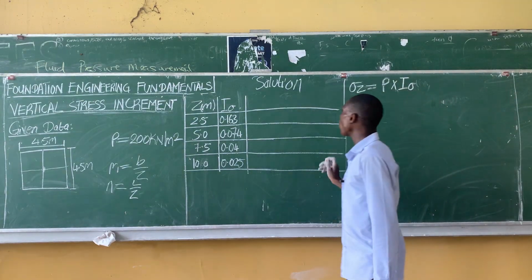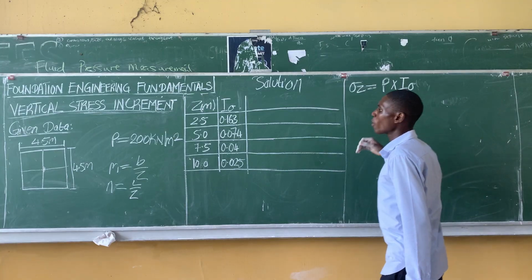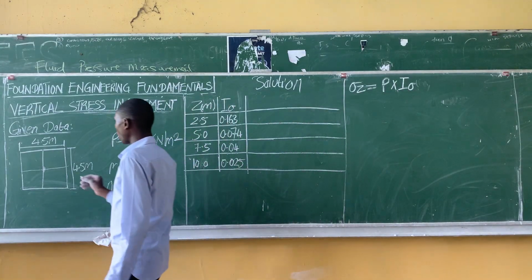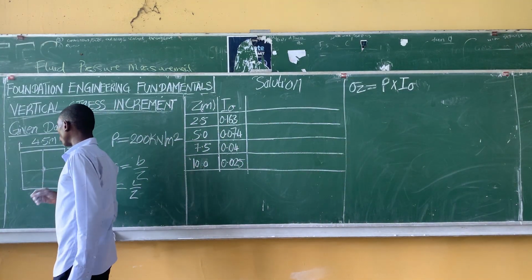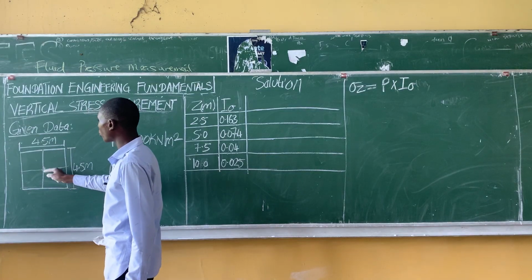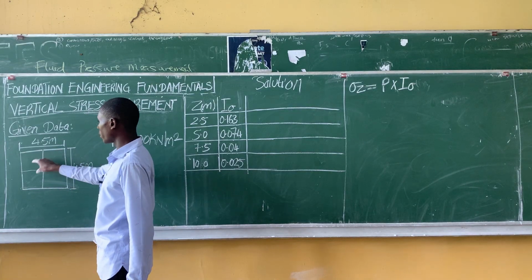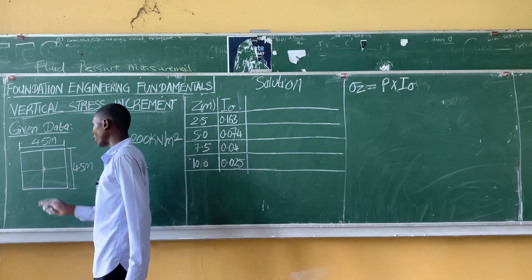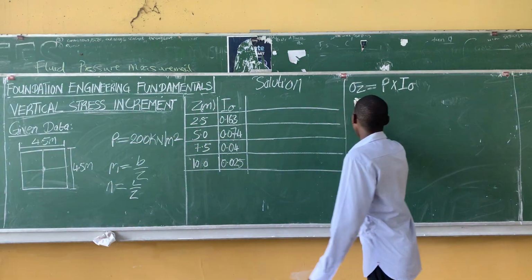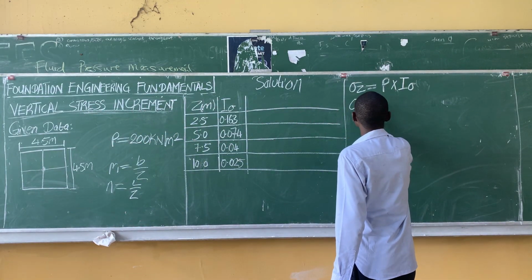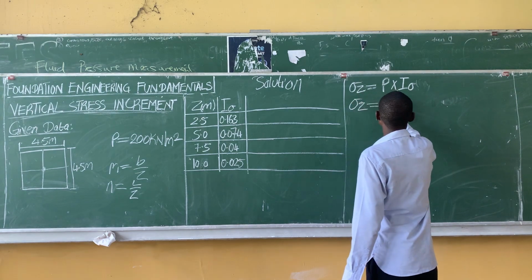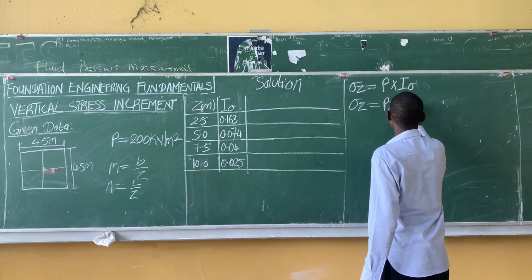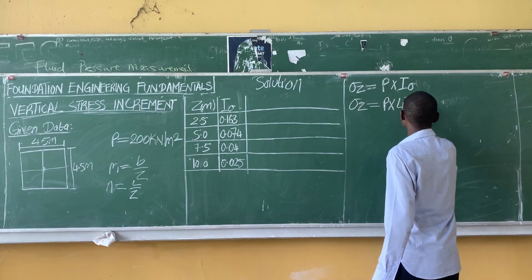But before we get this expression, we have to determine, since the point being considered is at the endpoint of a shape, how many shapes we have. For this case, we have 4 squares. Hence, our vertical stress increment will be equal to P times 4 times our influence factor.